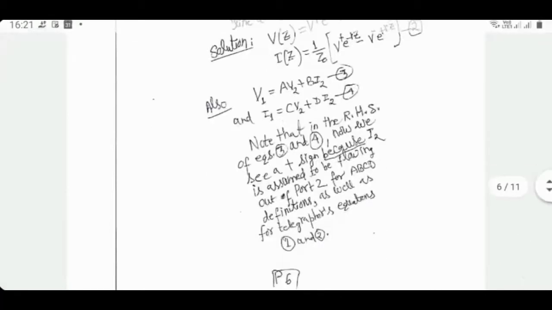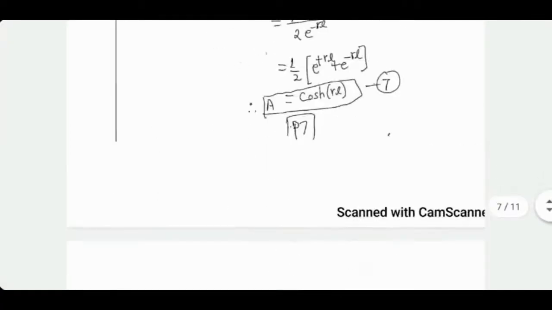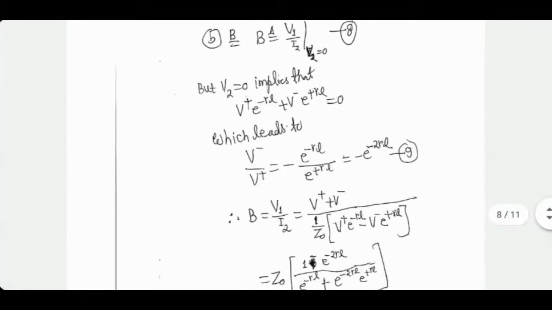So that should give you V minus divided by V plus equal to minus e to the power minus gamma L divided by e to the power plus gamma L. So the ratio now is minus e to the power minus 2 gamma L. And then I use the basic definition for capital B.